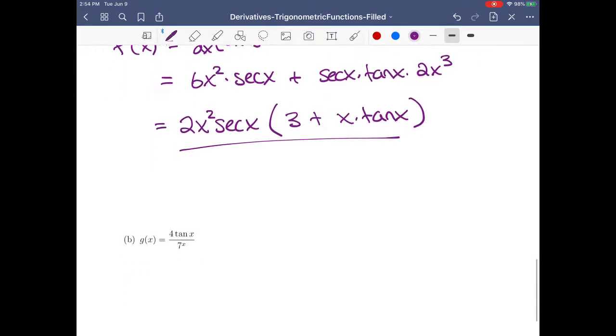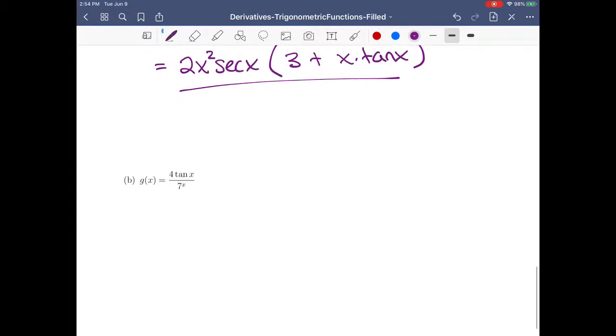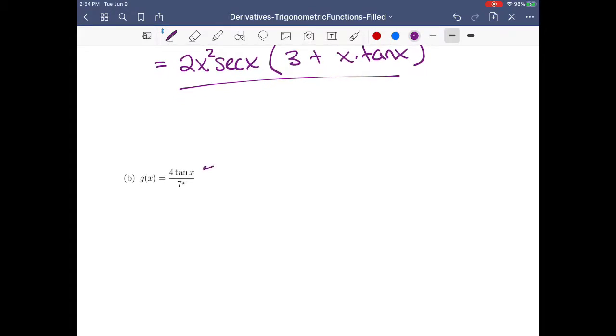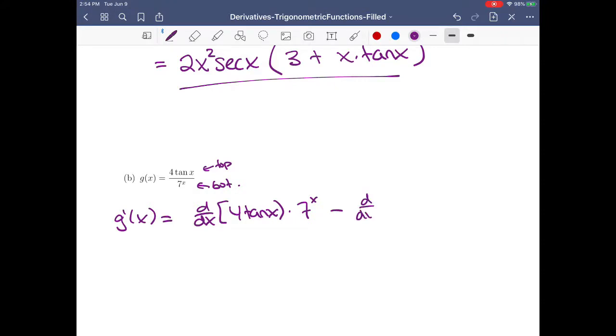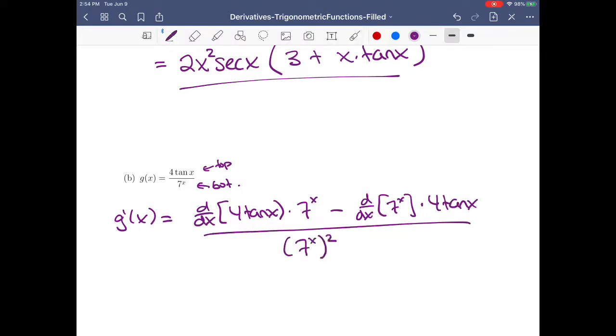One more. So here we have a quotient rule. So my top, and my bottom. So g prime of x is going to be the derivative of the top times the bottom minus the derivative of the bottom times the top, all over the bottom squared.